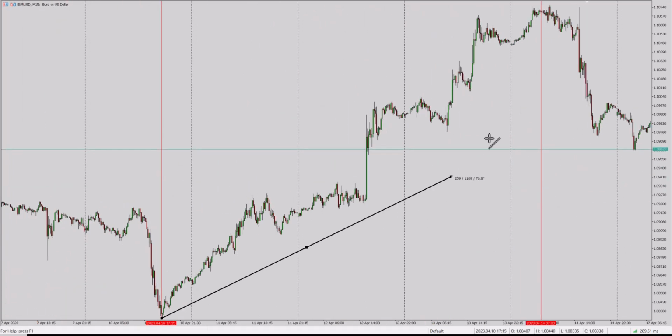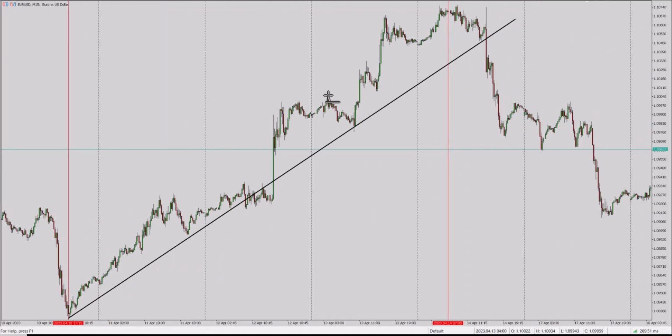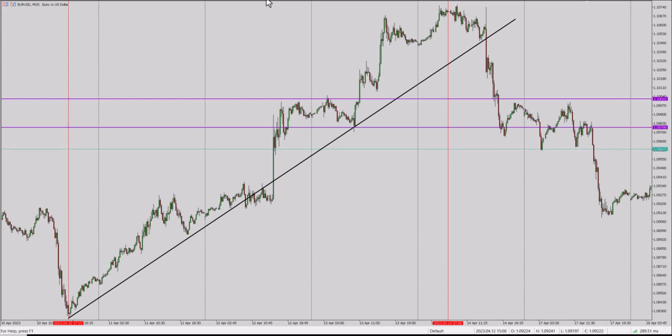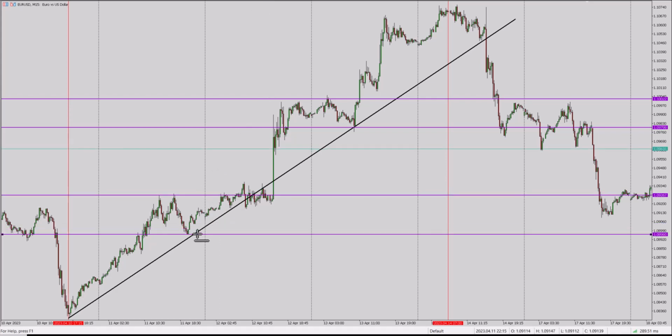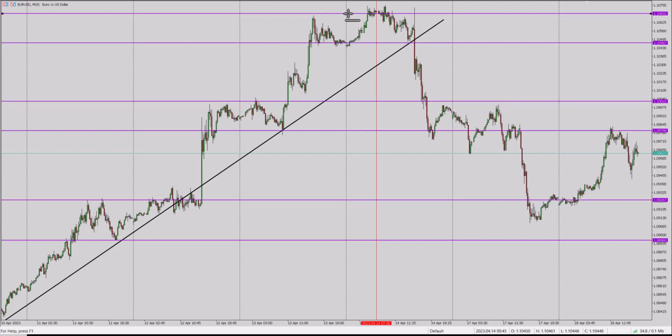So I draw this trend line again, and then we have this support and resistance line based on the highs and lows of the previous trend, roughly around there. So we have one area at the bottom, one area at the top, and the highest highs we have here.